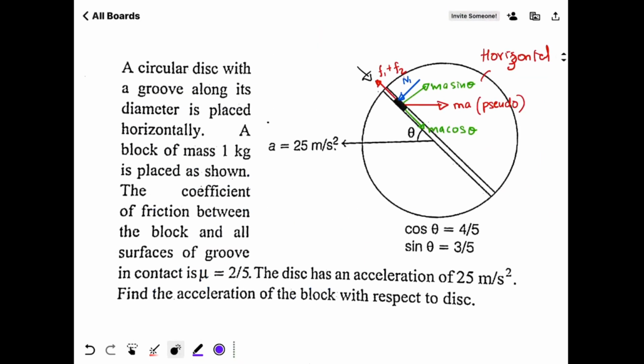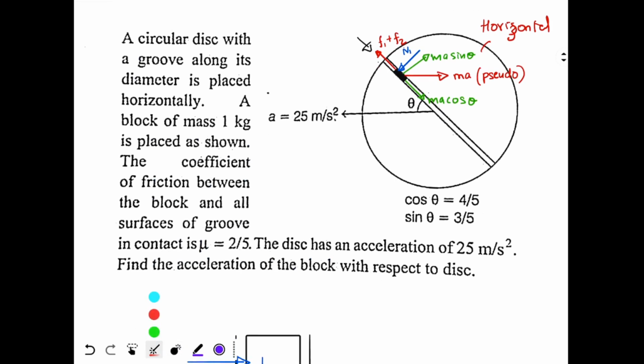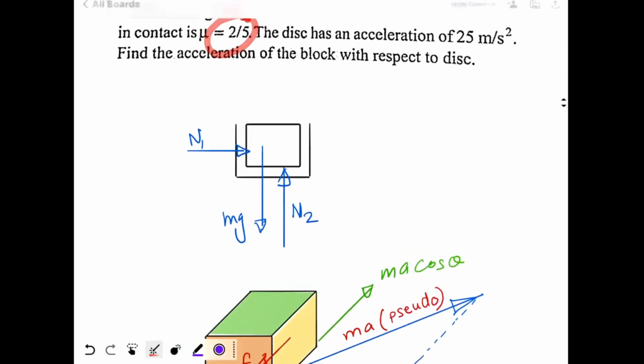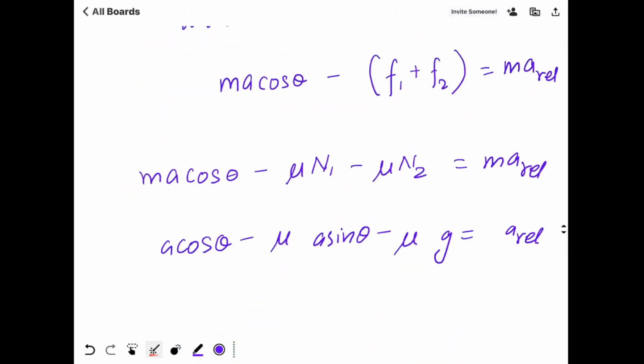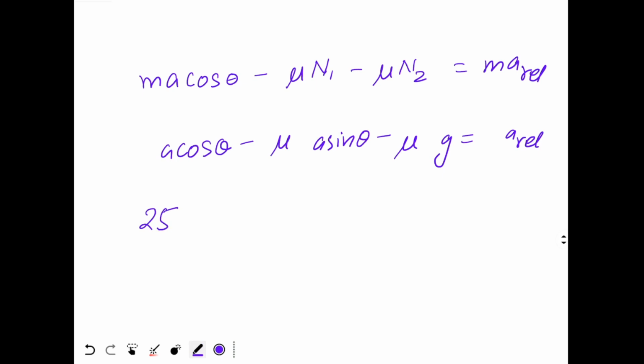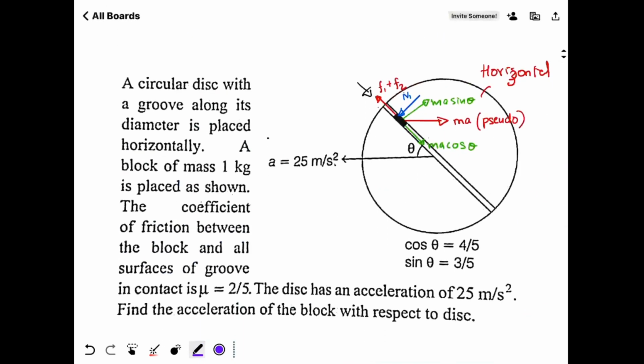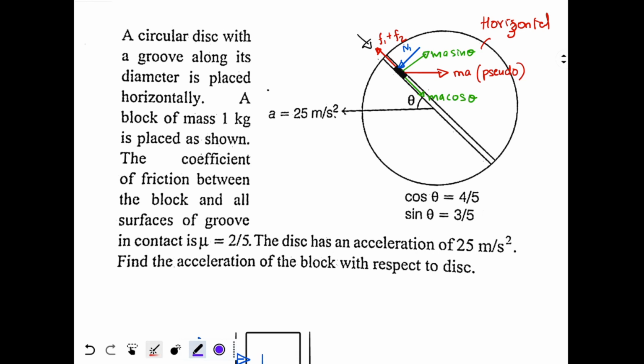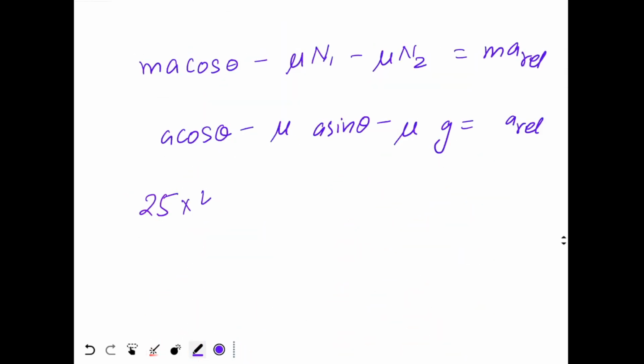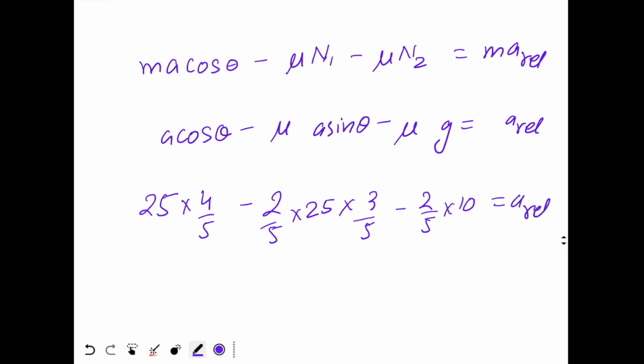So acceleration is given to be 25 meter per second square and mu is 2 by 5. Theta is given how much? Cos theta 4 by 5, sin theta 3 by 5. So 25 times 4 by 5, minus 2 by 5 into 25 into sin theta, which is 3 by 5, minus 2 by 5 into g, which is 10. This is a relative.